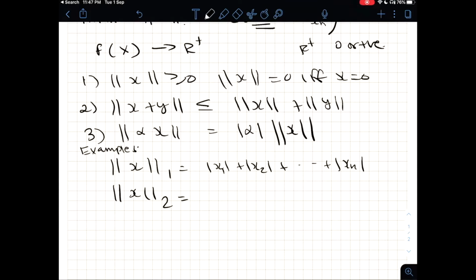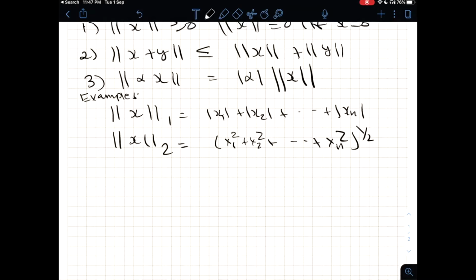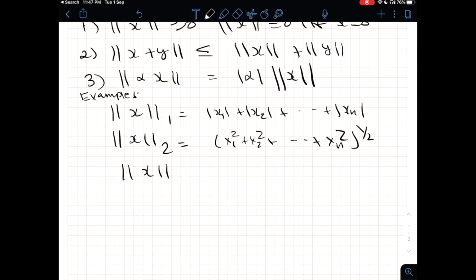We'll have more of it later on. Then the Euclidean distance, the shortest distance, aerial distance actually, which is the square root of the sum of squares. And the third is the infinity norm, which is the maximum over i from 1 to n of modulus of xi.